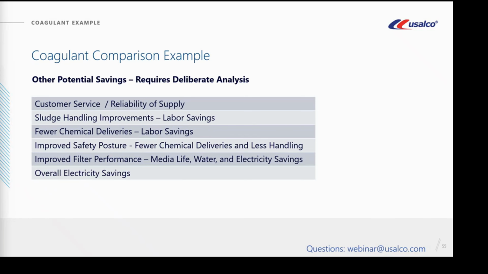Ultimately, the focus is on determining the best value for treatment by considering the total operational costs, not just the initial price of the chemical. This comprehensive evaluation helps in making informed decisions when updating a coagulant program.